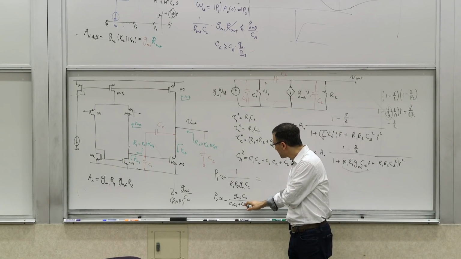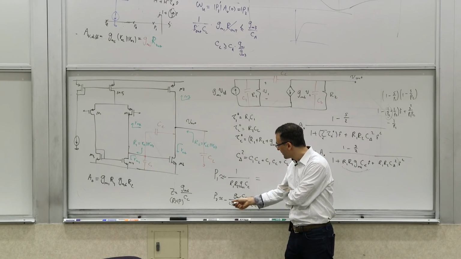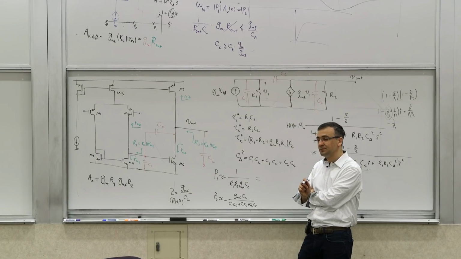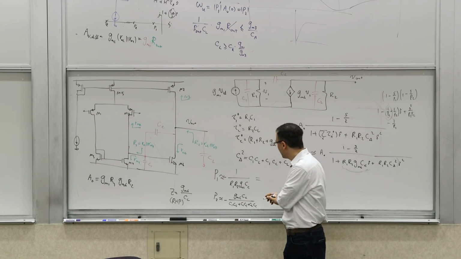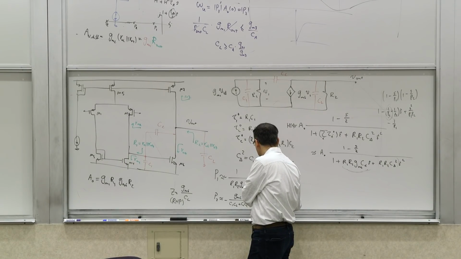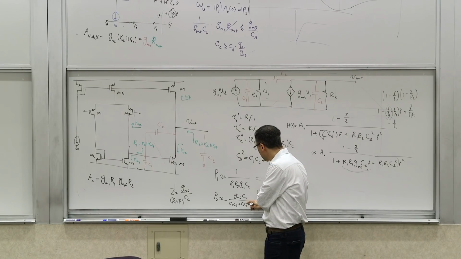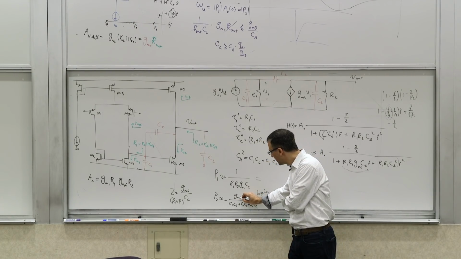If CC is much greater than CL and C1, which of these terms in the denominator matter? The terms that involve CC, right? The second and third term. So you will get C1 CC plus CL CC, and then you have GM6 CC.